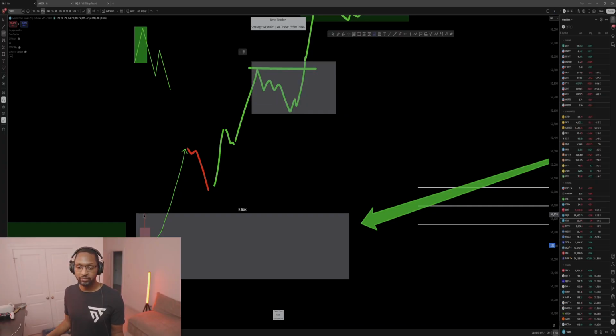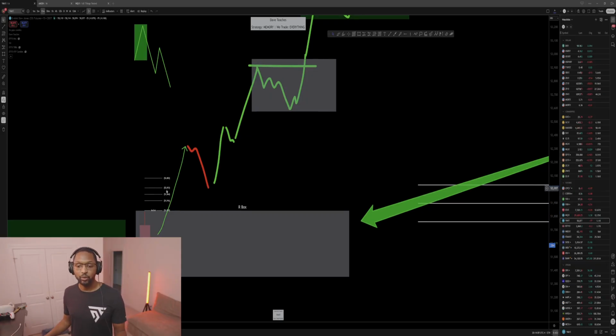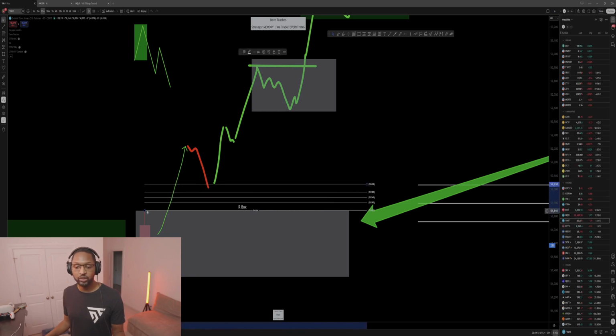So the high of the down candle, we're tapping that and we're going to follow it. So this is considered, let me actually just put it here. This is our anchor, our fib.